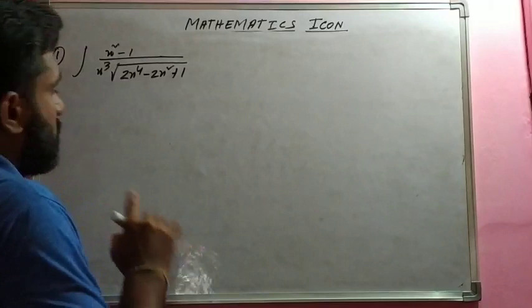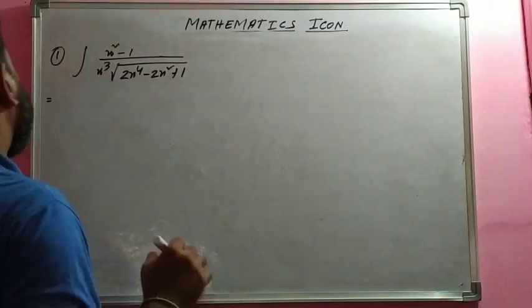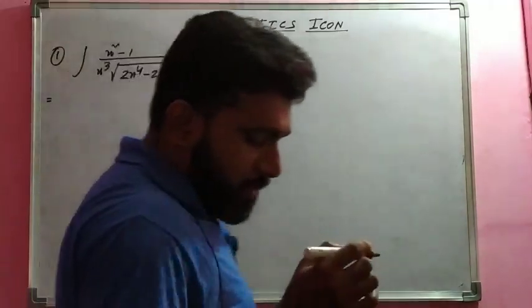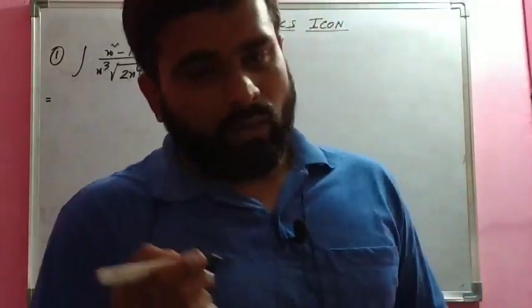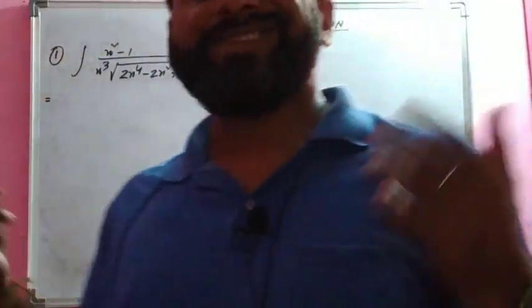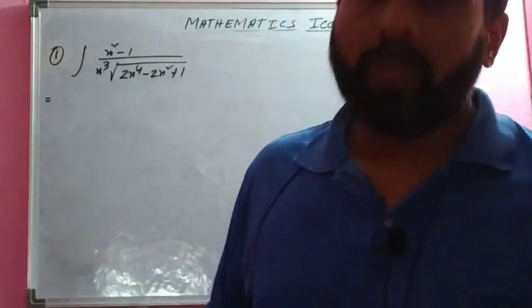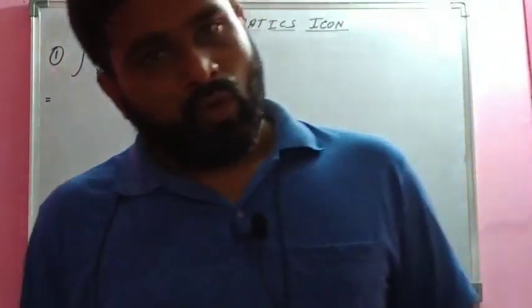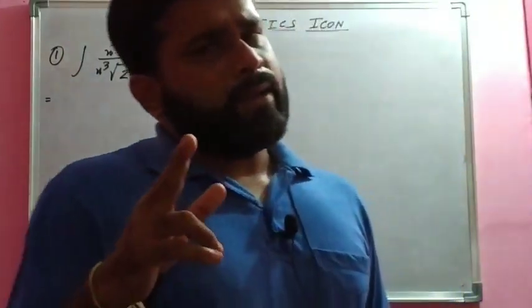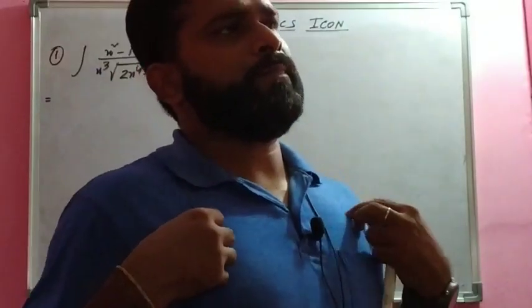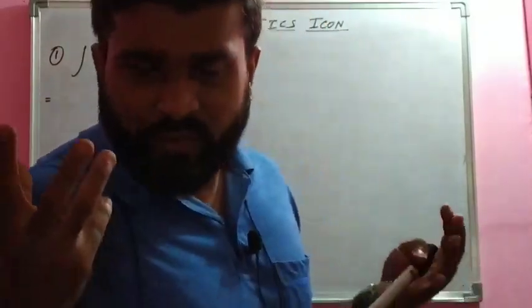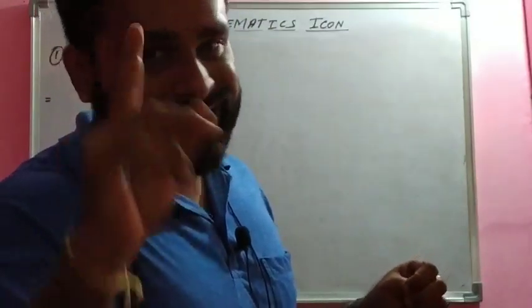Okay, this is the question. Now this type of structure is not the regular structure, it is an irregular structure. That means there are no particular rules for solving this type of question. So most importantly, how can you rearrange this question? That is the main question.